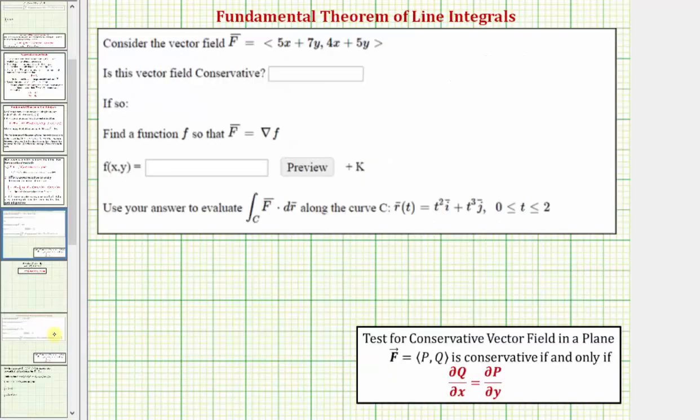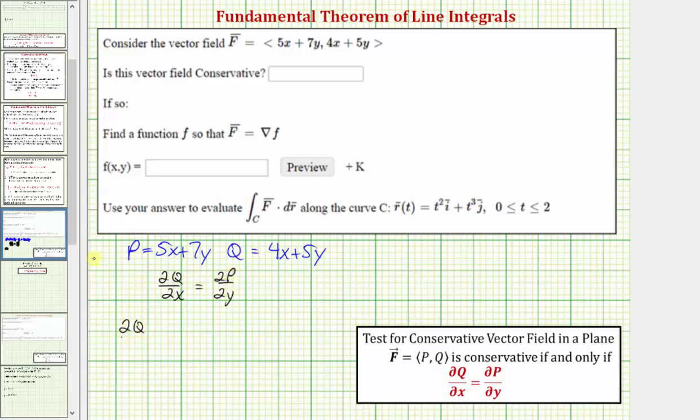So going back to our example, notice how P is equal to 5x plus 7y, and Q is equal to 4x plus 5y. So if the vector field is conservative, the partial of Q with respect to x must equal the partial of P with respect to y.